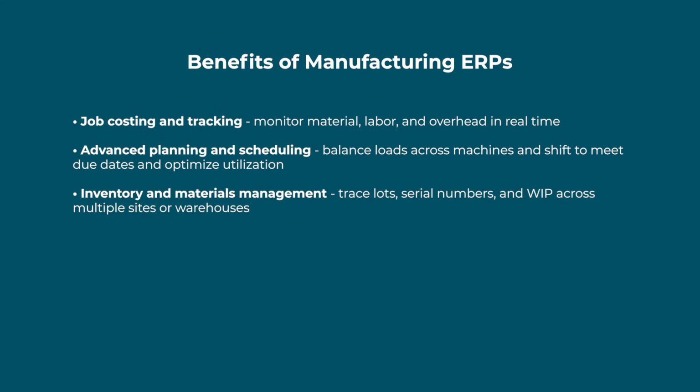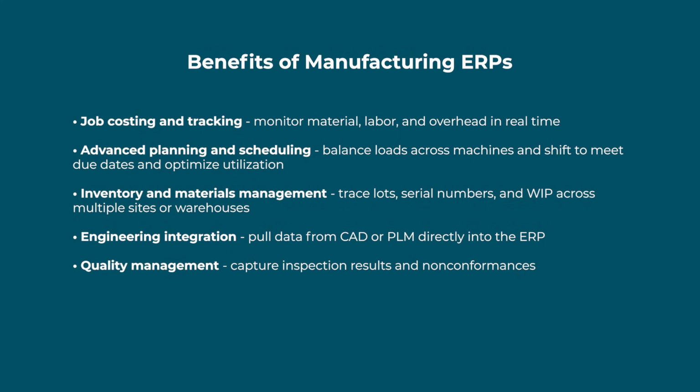Trace lots, serial numbers, and work in progress across multiple sites or warehouses. Engineering integration. Pull data from CAD or PLM directly into the ERP. Quality management. Capture inspection results and non-conformances. Financial integration. Roll job data up into the general ledger automatically. Together, these create the closed loop manufacturers have been chasing, where planning, execution, and finance run off the same data.